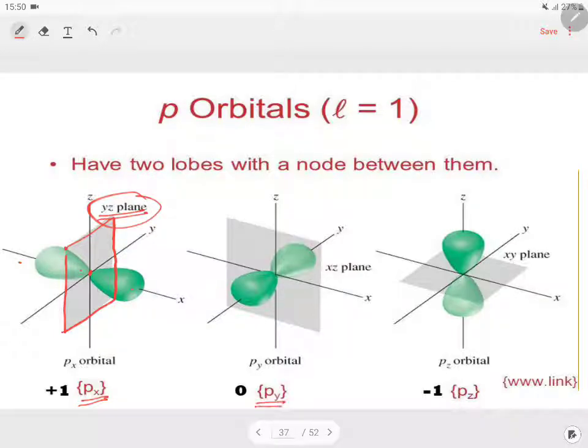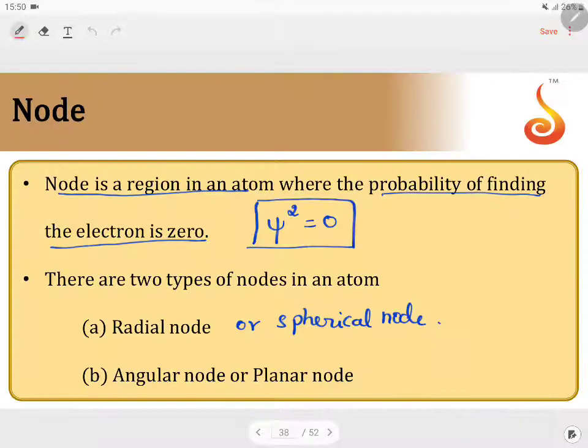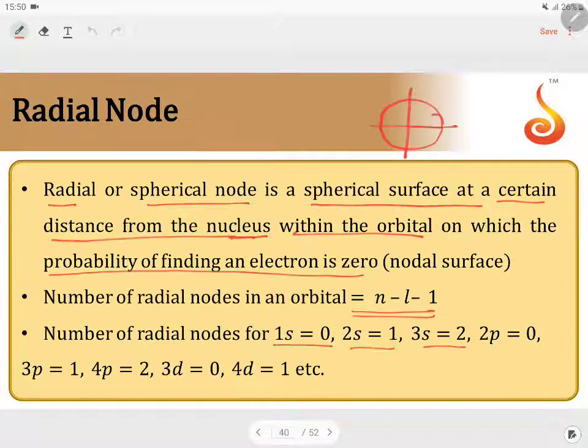Similarly, if I consider py, the two lobes are along the y-axis. Therefore, if I place an imaginary plane, that is the XZ plane, that becomes the node. Similarly, if you consider pz orbital, the XY plane becomes the node. Therefore, planar node means it's an imaginary plane where the probability of finding electron is 0.